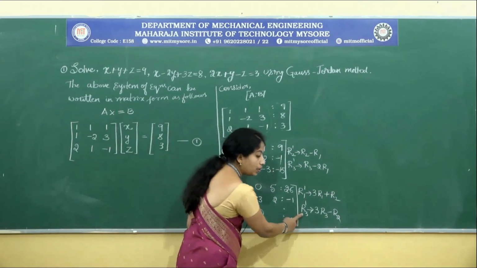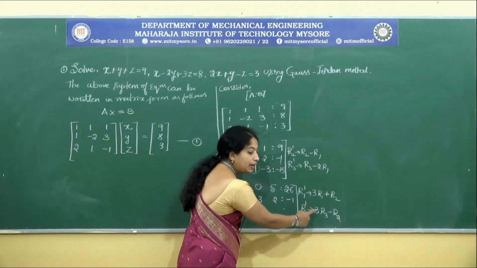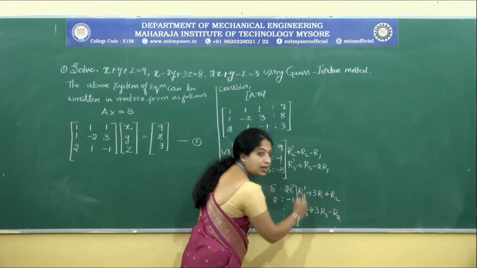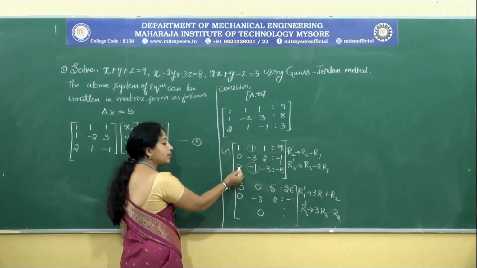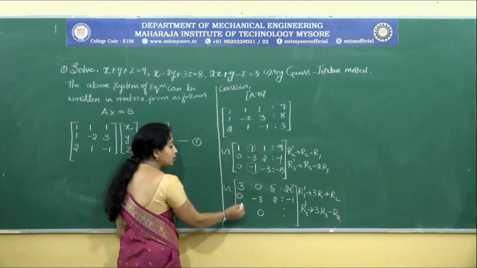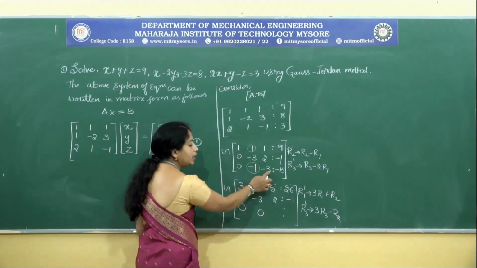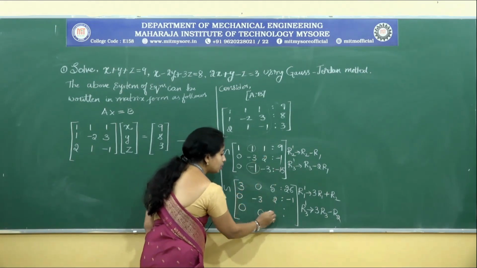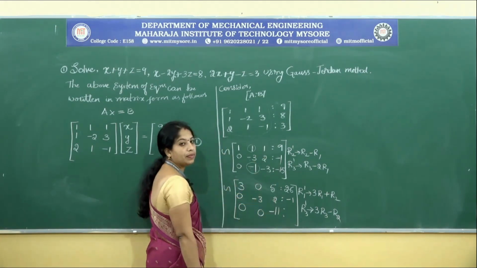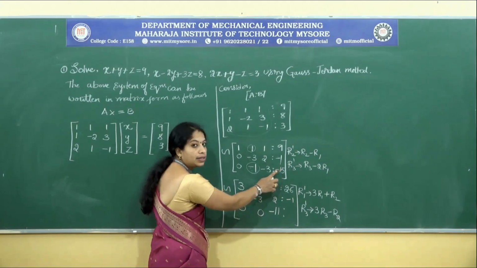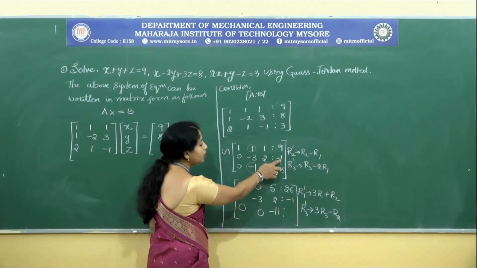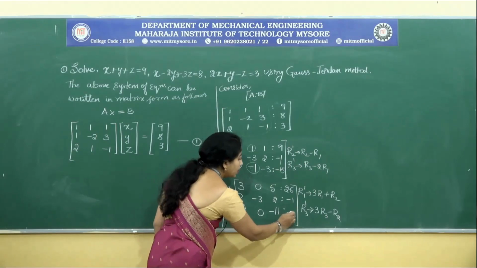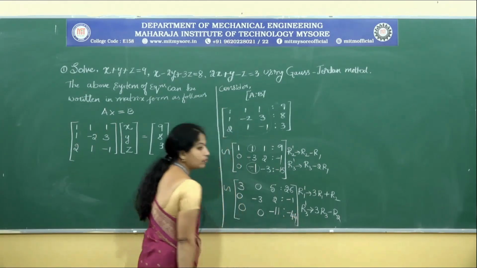See the third row operation, R3 dash will be 3 times R3 minus R2. 3 into 0 minus 0 will be 0. 3 into minus 3 is minus 9. Minus 9 minus 2 is minus 11. 3 into minus 15 plus 1, you will get minus 44.